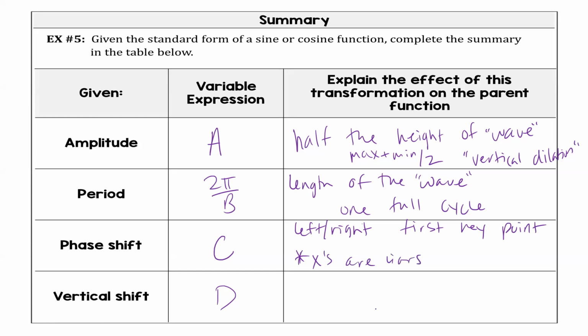And then your vertical shift is your D, and it's your midline. So one thing you should have written was your midline, and it tells you whether you're going to go up or down. And it also tells you if you're going to reflect across the x-axis.